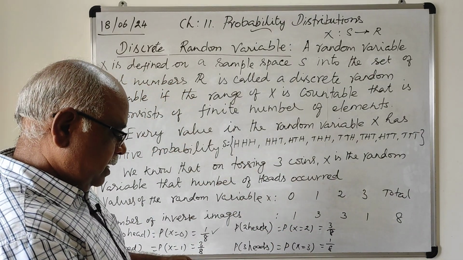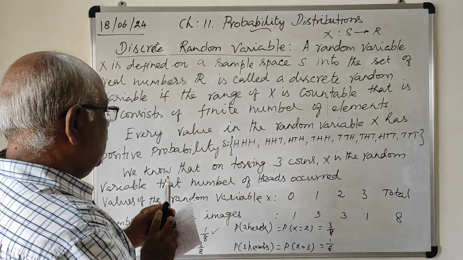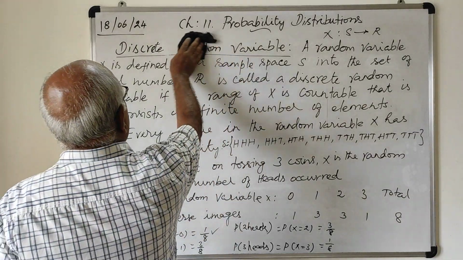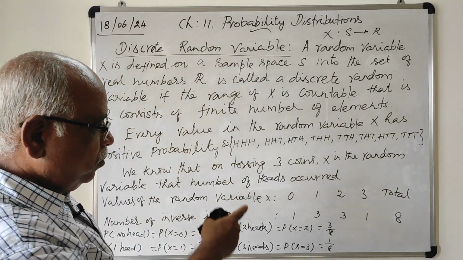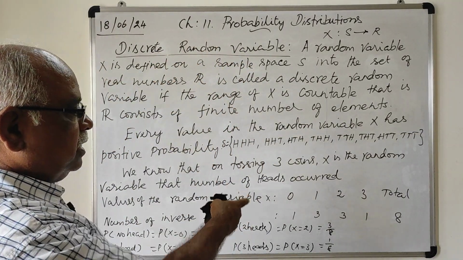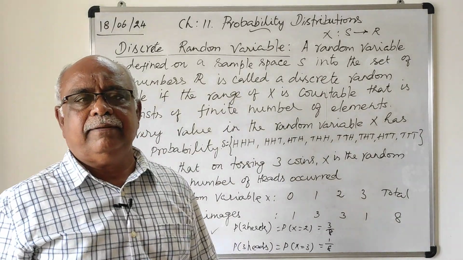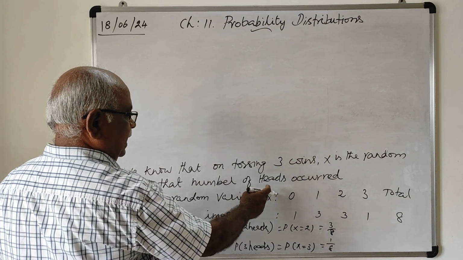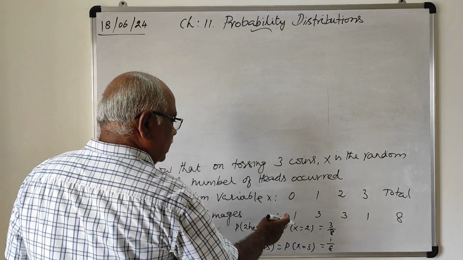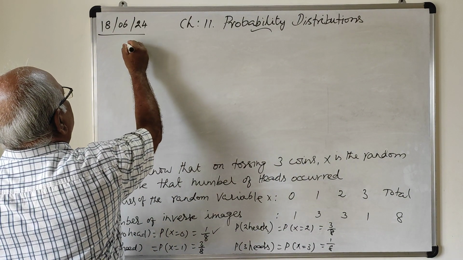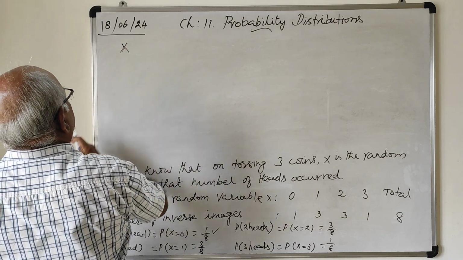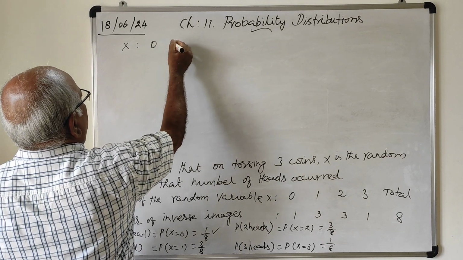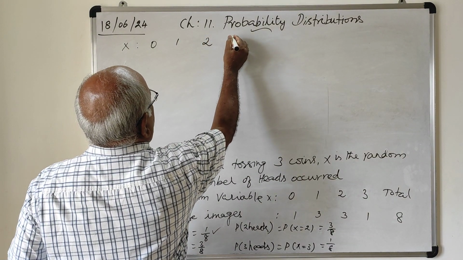Now we will consider this as a table. For the random variable, the number of heads that occur, the real values of the random variable X are 0, 1, 2, 3.